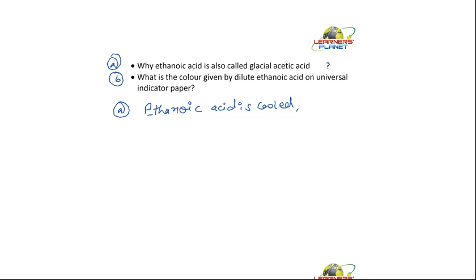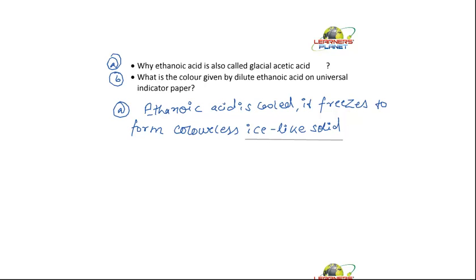It freezes to form a colorless ice-like solid. Right? Now this colorless ice-like solid appears like a glacier. So acetic acid or ethanoic acid is called glacial acetic acid.